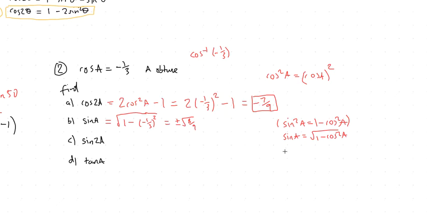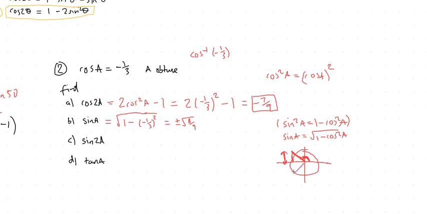So here we have to remember this diagram of the unit circle. We were told that the angle was obtuse, so we're in this quadrant here because the angle is obtuse. Now sine, remember, is the height, so we can see that sine is always going to be positive in that quadrant because it's above the axis.